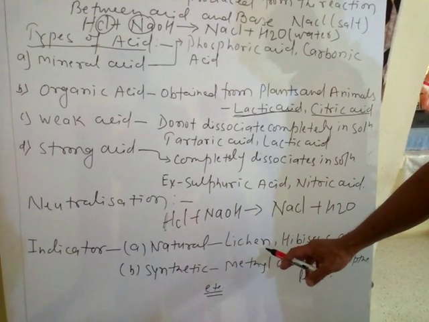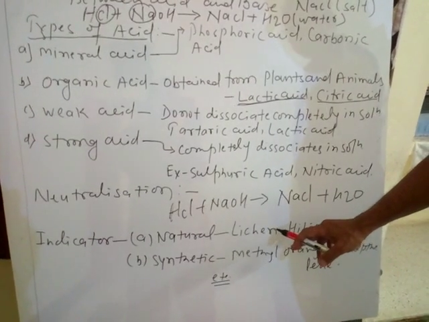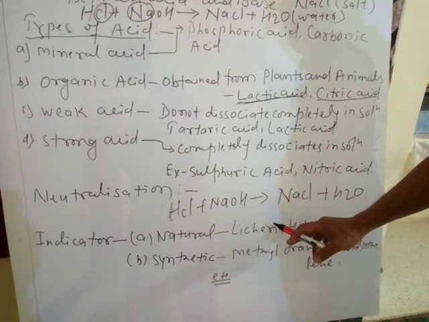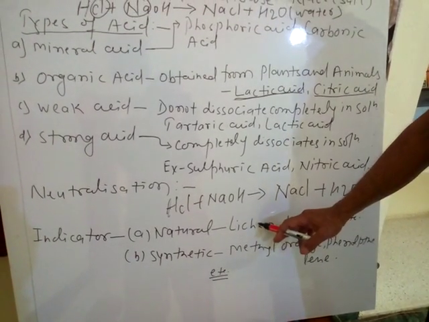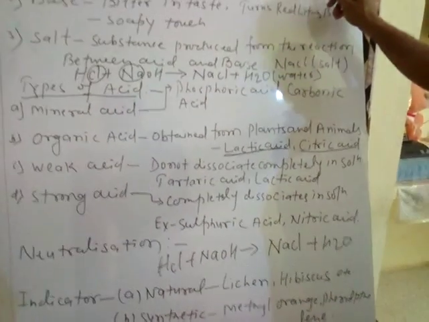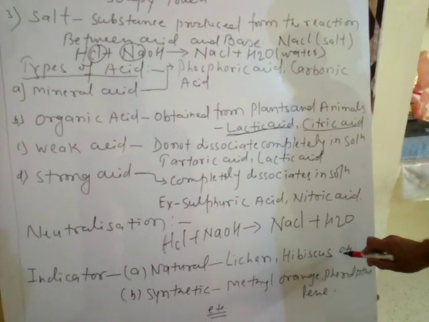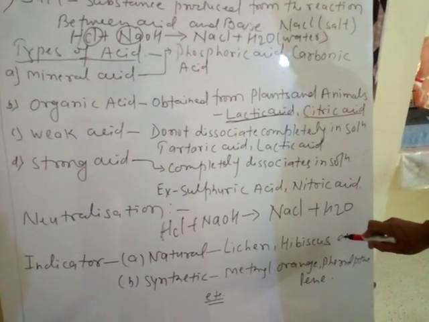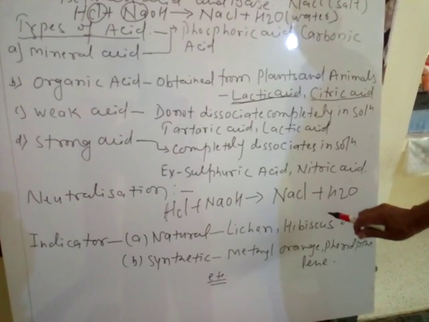As for example, lichen. Lichen is a substance which is produced from algae and fungi, and from lichen the litmus paper is made. The litmus paper that you see here is made from lichen. And second is hibiscus, the flower, you know, hibiscus, godhal, which you call in Hindi. So hibiscus is also used as an indicator.